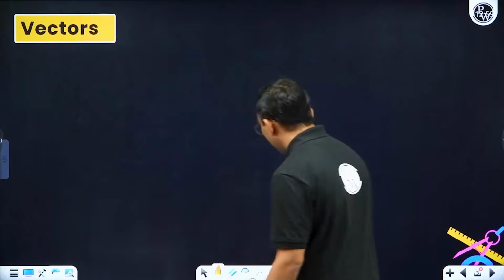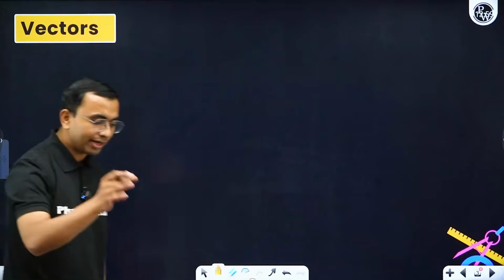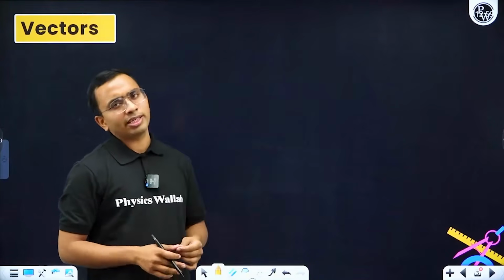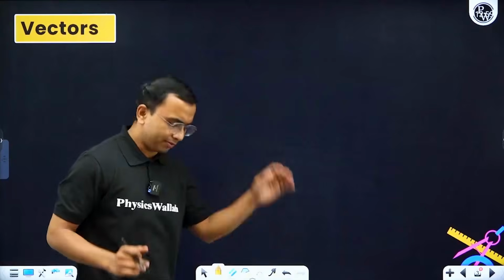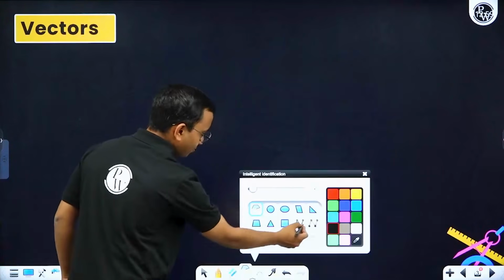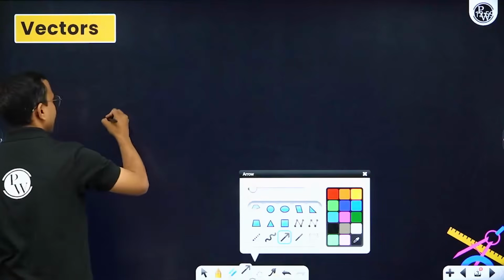So basically, you know that a vector has magnitude, a vector has a direction, and it follows vector algebra. Any quantity which has magnitude, which has direction, and which follows vector algebra, we say that that particular quantity is a vector. Okay, so how do we represent a vector?